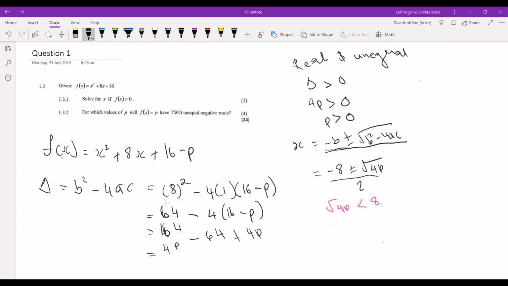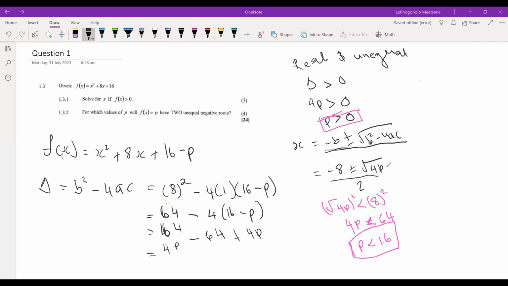So let's solve for that. Let's go ahead and square both sides. We get 4p is less than 64. We will divide both sides by 4. We will get p is less than 16. So here we came up with 2 conditions to ensure that not only do we have a real and unequal solution, but we also have a negative one.